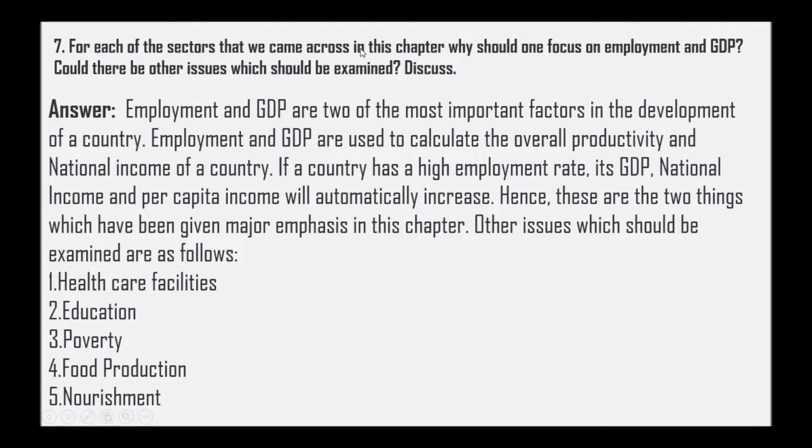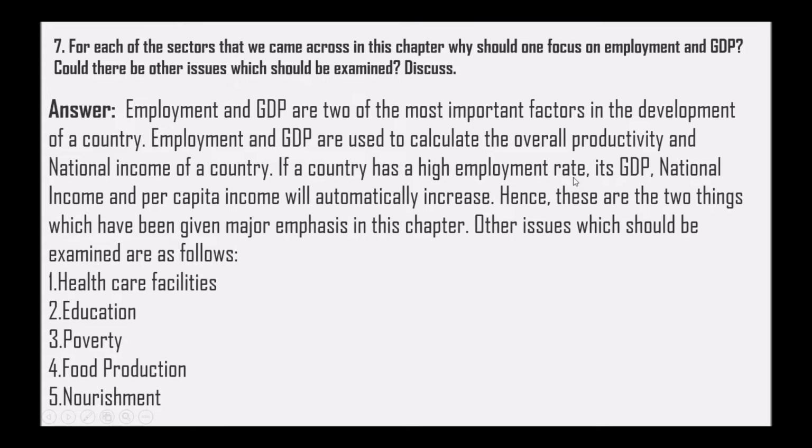Next, for each of the sectors that we came across in this chapter, why should one focus on employment and GDP? Could there be other issues which should be examined? Discuss. Employment and GDP are two of the most important factors in the development of a country. Employment and GDP are used to calculate the overall productivity and national income of a country.